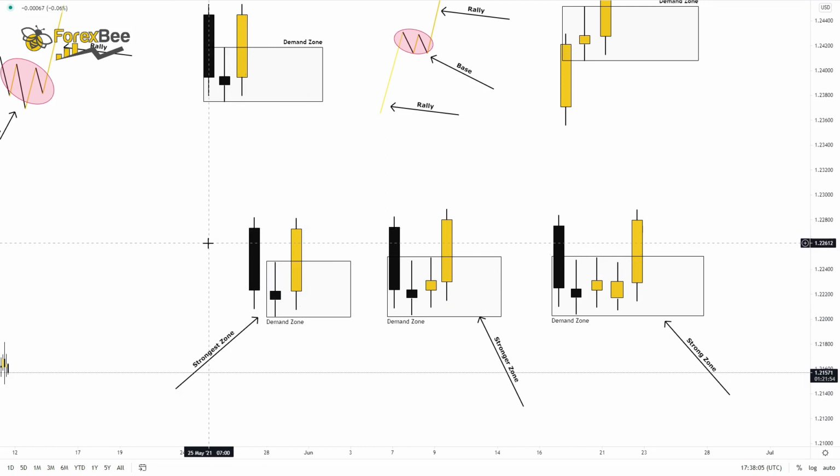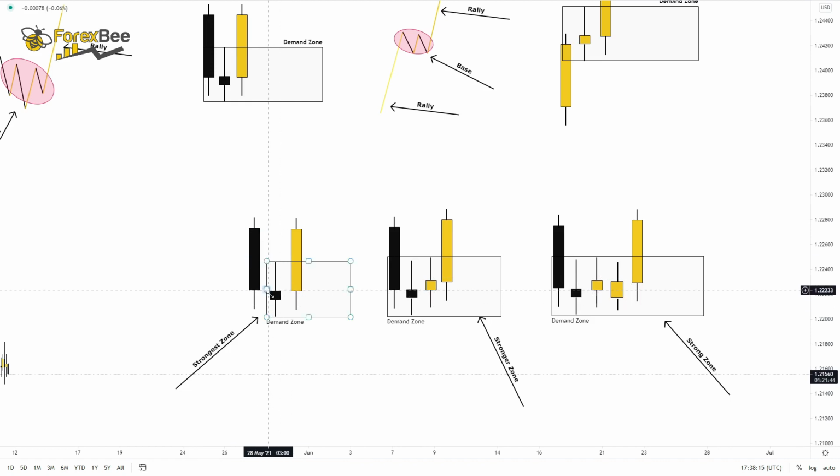If the number of base candles is large, the zone is weak, and if the number of base candles between two big candles is less, then the zone is the strongest one. So here you can see there's only one candle in between two big candles, and this is a very strong demand zone.